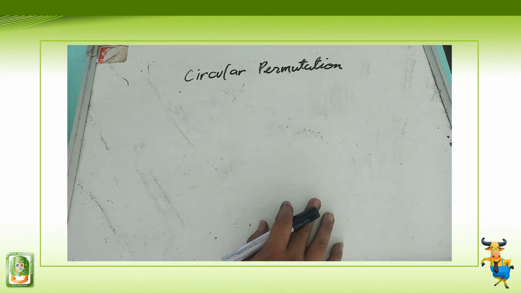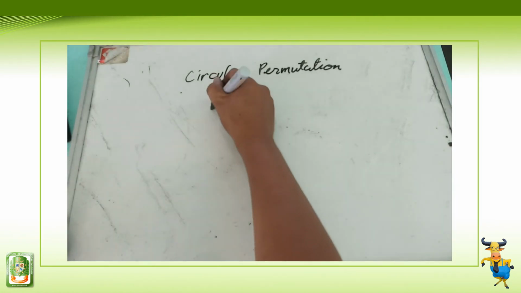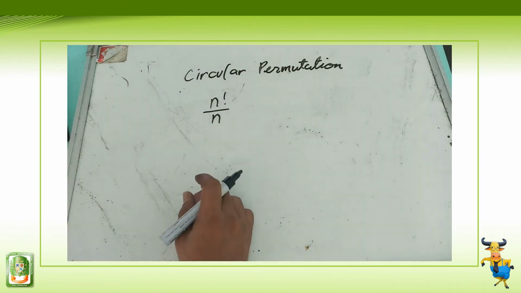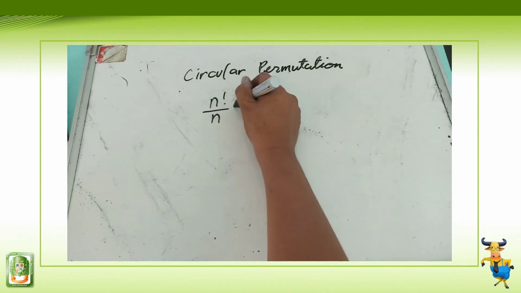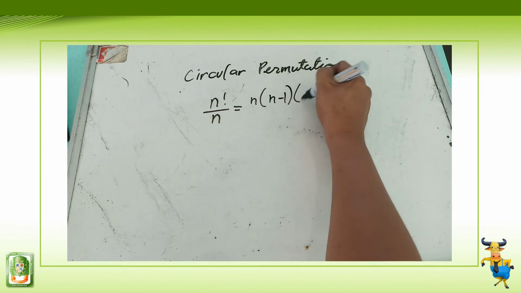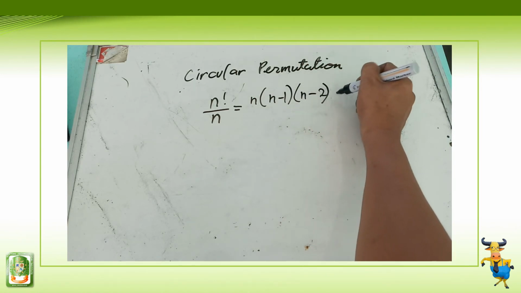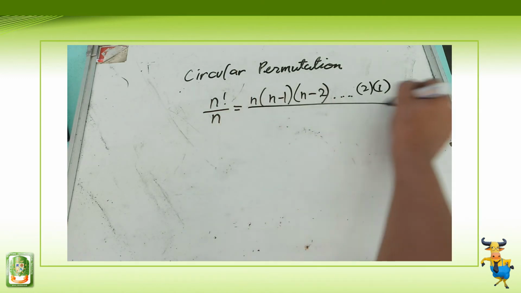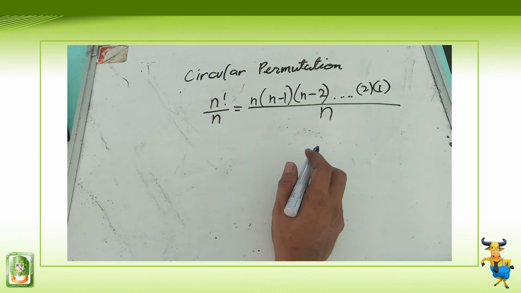So, notice that for the arrangement of the given, we're going to use n factorial over n, which is equal to n minus 1 factorial.